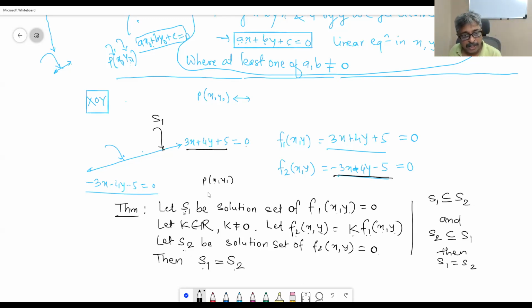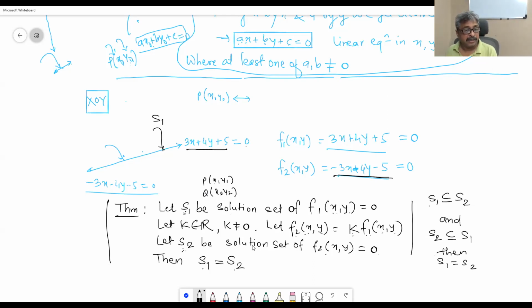If we take another point Q (x2, y2) which belongs to S2, then it satisfies this equation. If it satisfies this equation, and k is not equal to 0, then it satisfies this equation. If it satisfies this equation, then it belongs to S1. Therefore we can show that every point in S1 is in S2, so S1 is a subset of S2, and every point in S2 is in S1, so S2 is a subset of S1. Therefore S1 is equal to S2. This is easy.